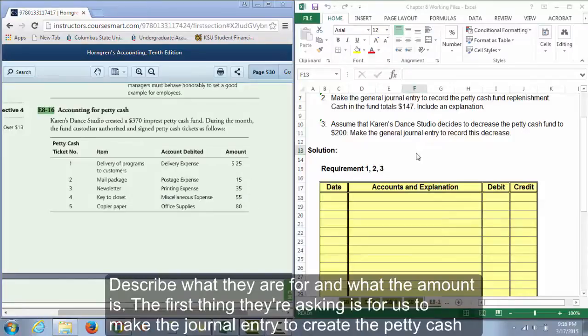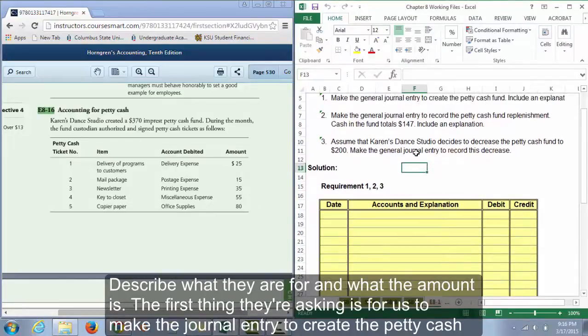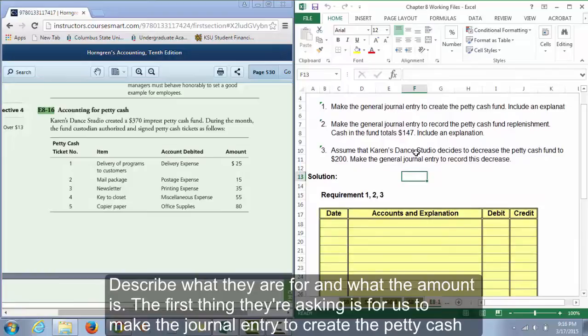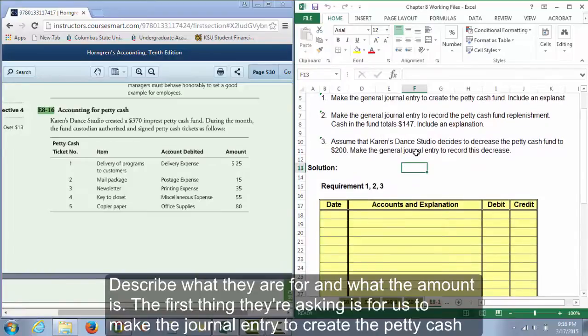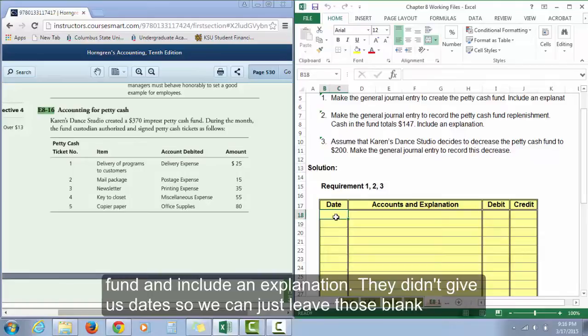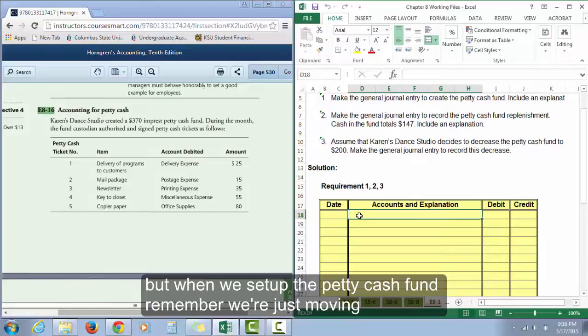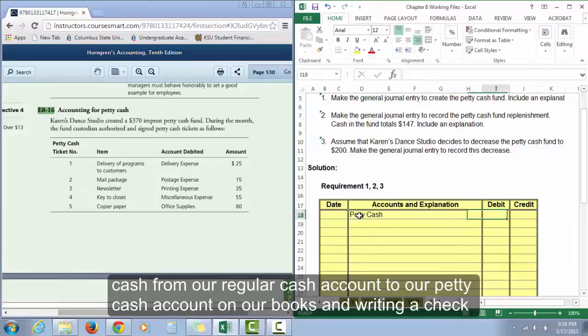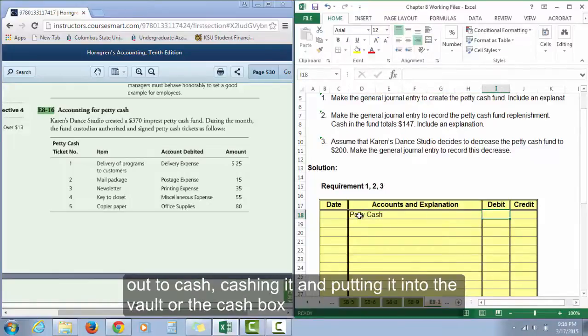All right. So the first thing they're asking is for us to make the journal entry to create the petty cash fund and include an explanation. Okay, so they didn't give us dates, so we can just leave those blank. But when we set up the petty cash fund, remember, we're just moving cash from our regular cash account to our petty cash account on our books, and writing a check out to cash, cashing it, and putting it into either the vault or the cash box.